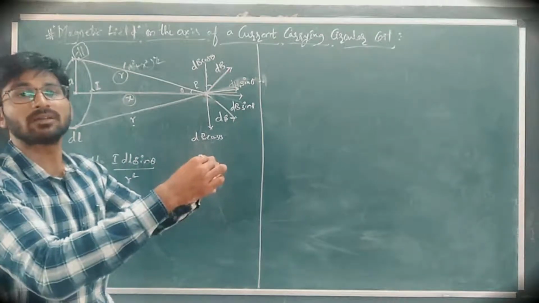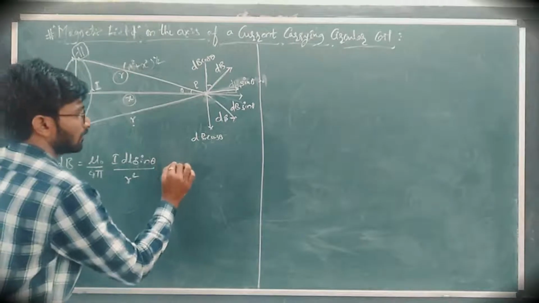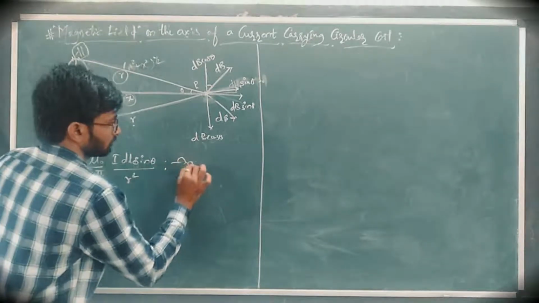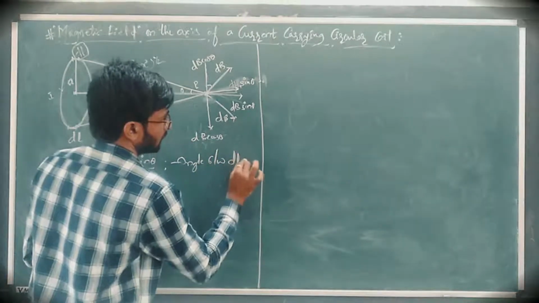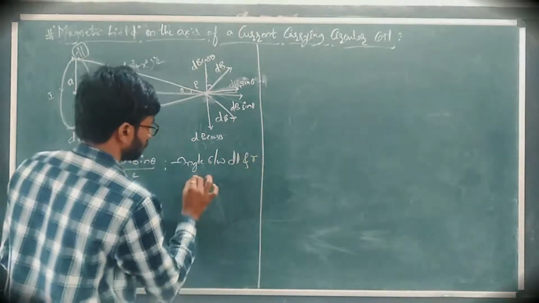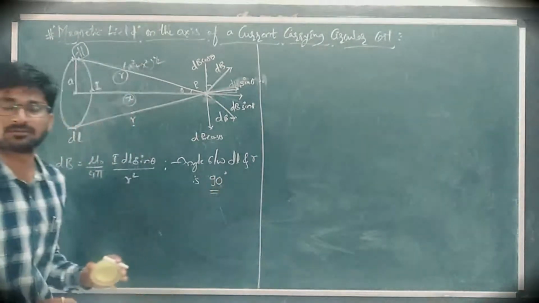The angle between dl and r is always 90 degrees.